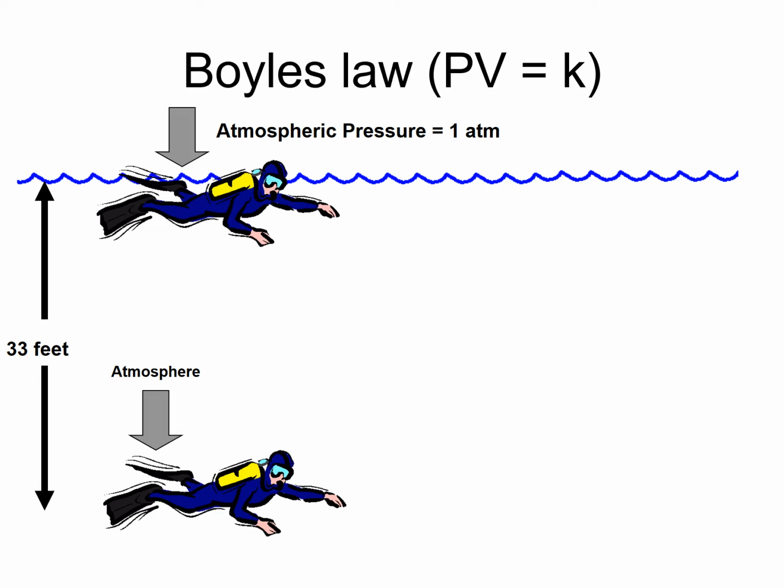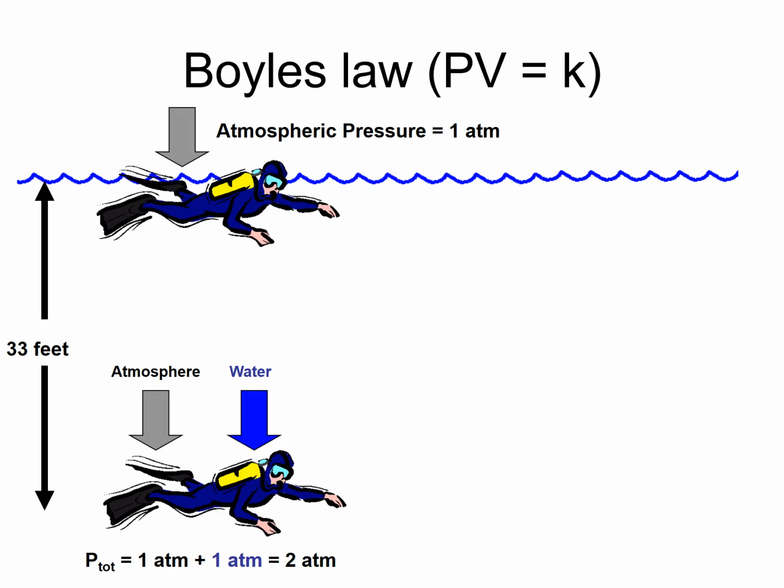But that's not the end of the story, because at 33 feet, the scuba diver has an incredible weight of water pushing down on her as well. And this contributes to something that we could refer to as the water pressure. All right, so now we have both the atmosphere and the water pushing down on the scuba diver, pushing down on her lungs. And if we look at how these two combine, the pressure of the atmosphere is 1.